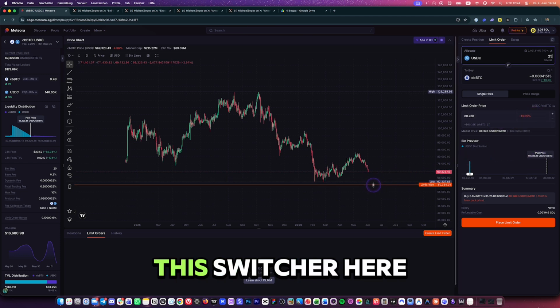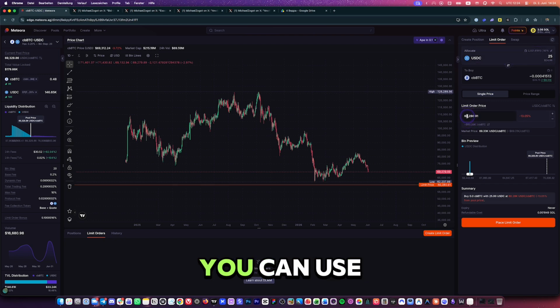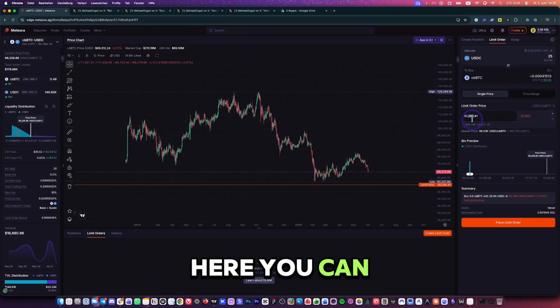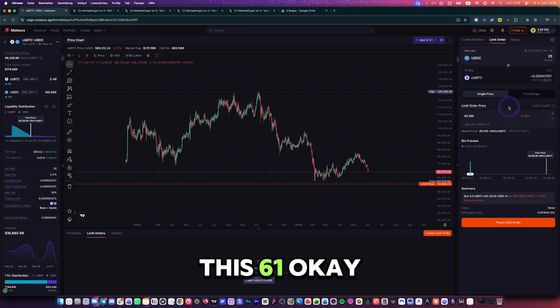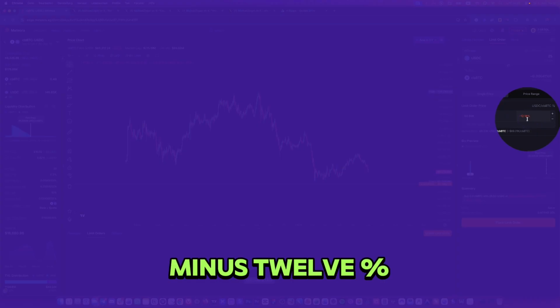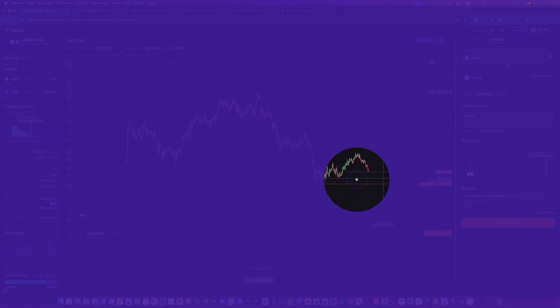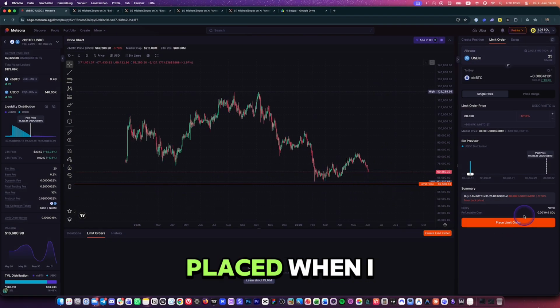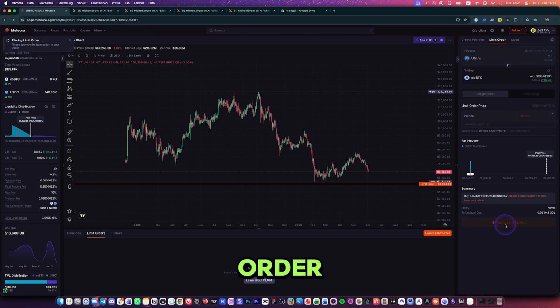You can use this switcher here, you can use also the price here, you can do it like this, 61k, it will be minus 12%, and this first order will be placed when I hit place limit order.